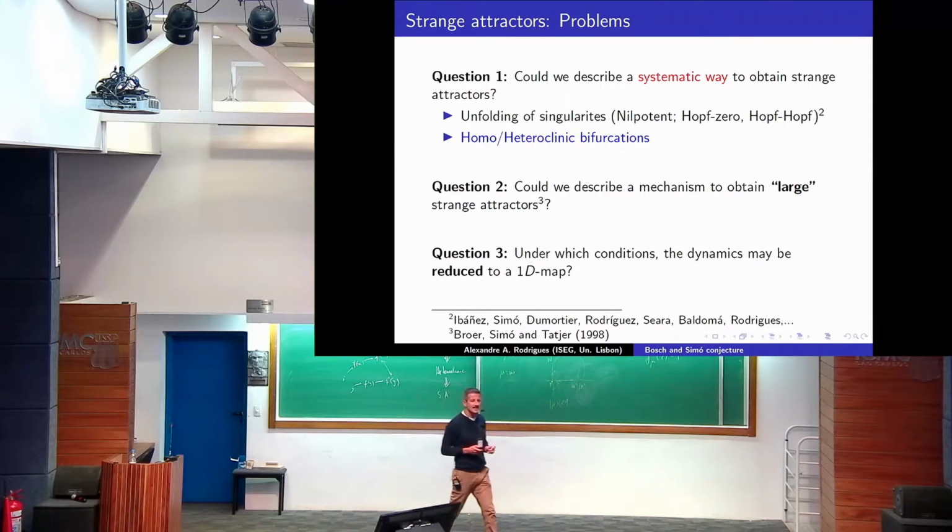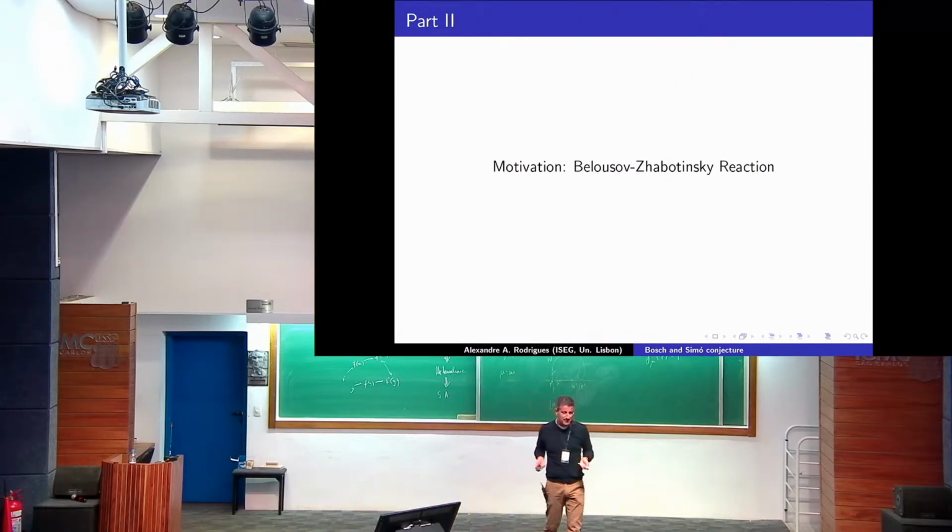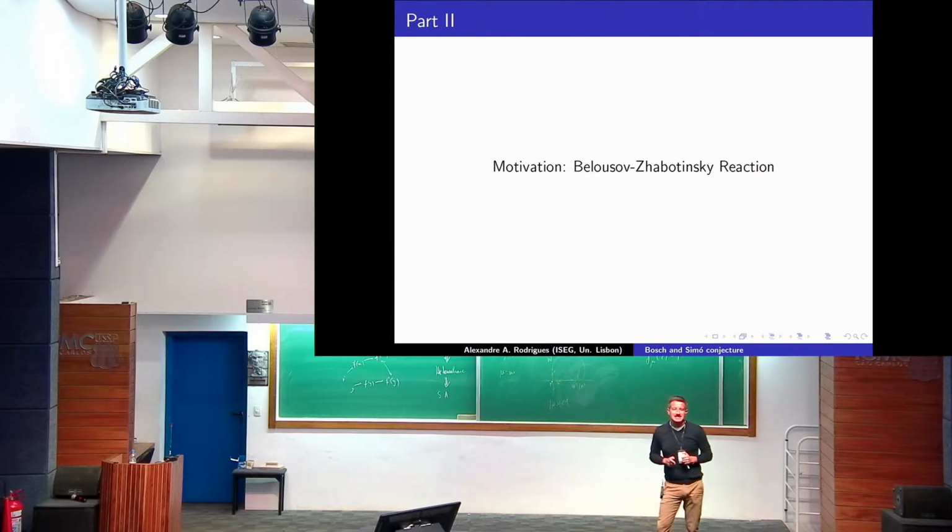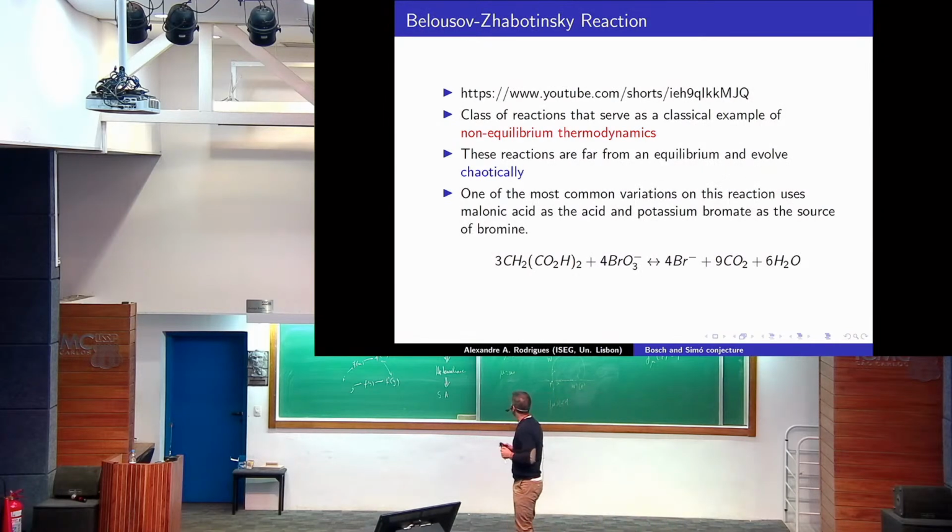The second point is the motivation of my recent work, okay? The motivation is the Belousov-Zhabotinsky equation. This equation has been studied in the 20th century, and is based on a chemical reaction in which usually I have two reactants that give rise to two other products.